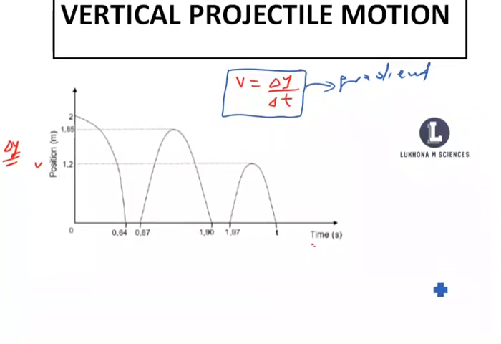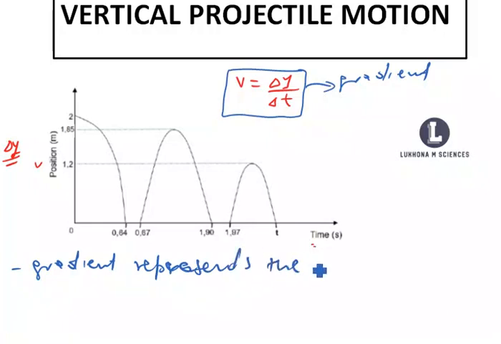So the average gradient represents the velocity, the average velocity.